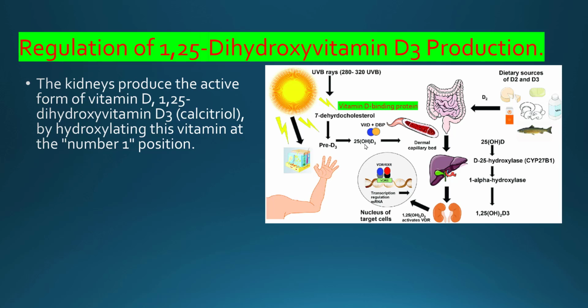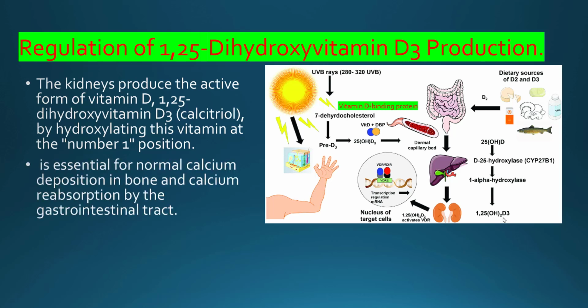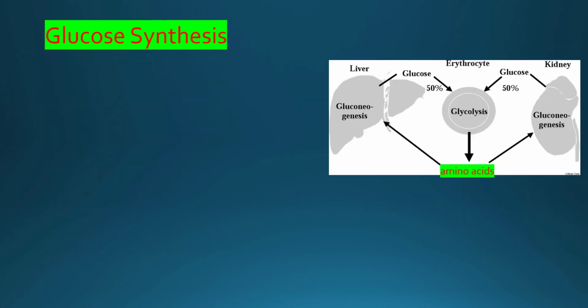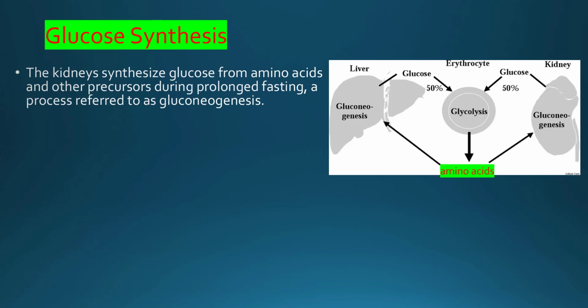In skin we have 7-dehydrocholesterol. When sunlight converts it into pre-D3 or 25-hydroxycholecalciferol, it is transported to the kidney, and in the kidney it is converted into 1,25-dihydroxycholecalciferol. This 1,25-dihydroxycholecalciferol is the active form of vitamin D, or vitamin D3, which is responsible for the deposition of calcium in the bone and reabsorption of calcium from the gastrointestinal tract.